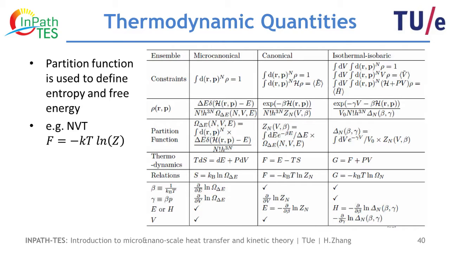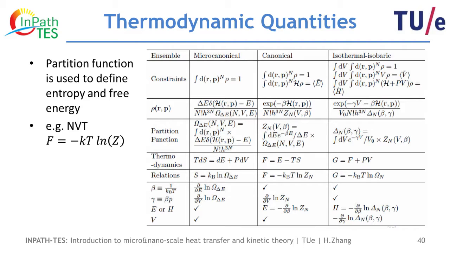The partition function gives rise to a whole set of thermodynamic quantities of the system, including entropy and free energy. For example, the Helmholtz free energy in NVT system is given by negative kT times the logarithm of the partition function.